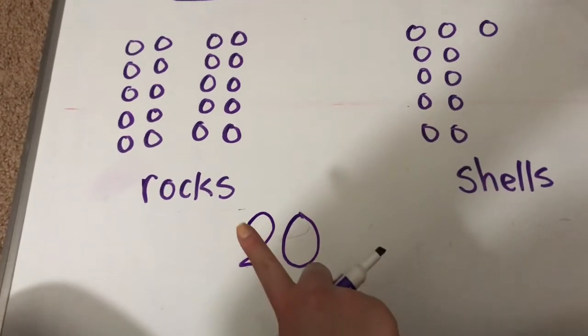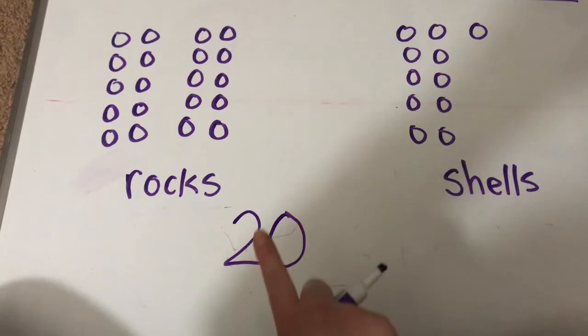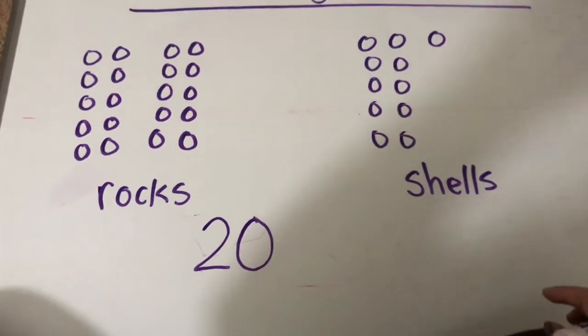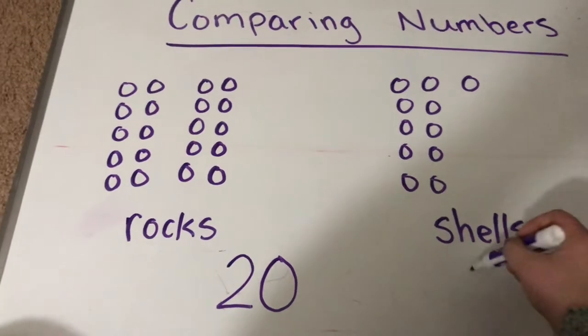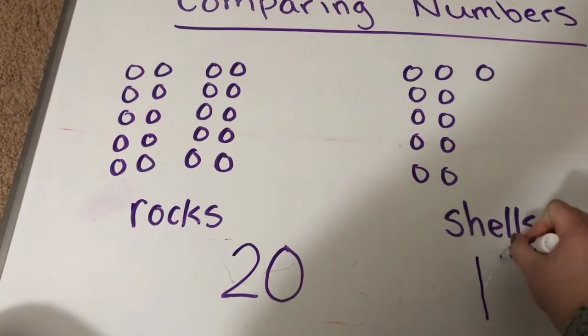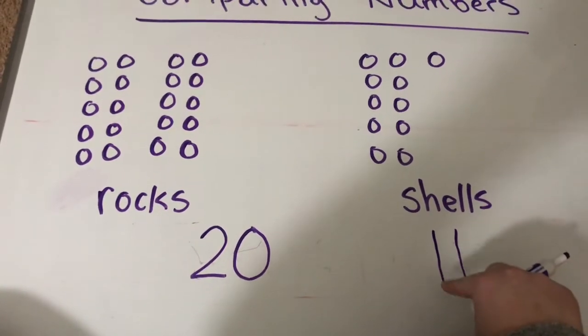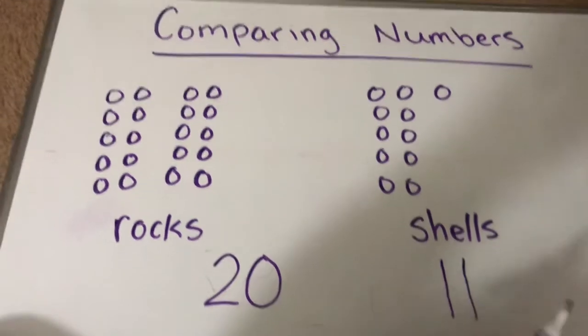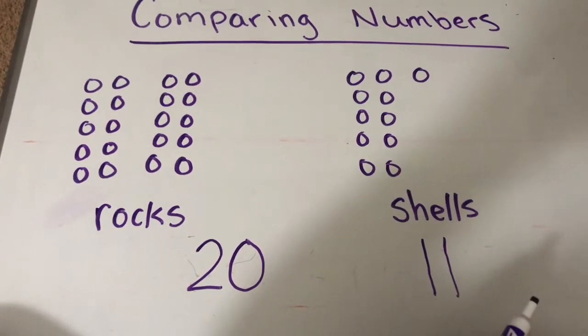Practice writing the number 20 with your finger. 2, 0. Good. Miss Susanna had 11 shells. Practice writing 11 with your finger. Just 2 ones. Who had more, Miss Shelby or Susanna?